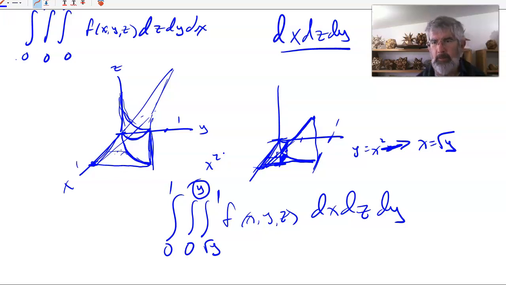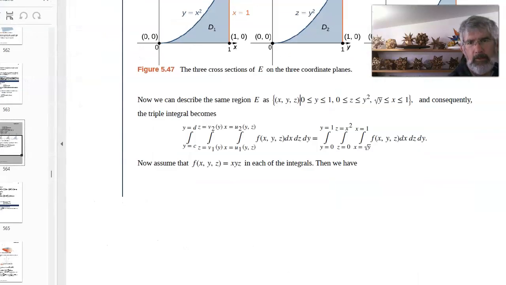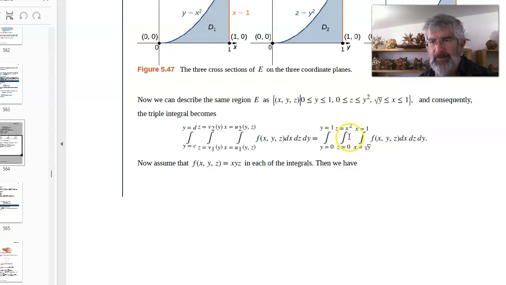It just could not be right, because they even said before, in that same line, so I'm looking at the book's answer here, that the middle integral has to be z from some function of y to some other function of y, and yet they give it as a function of x.